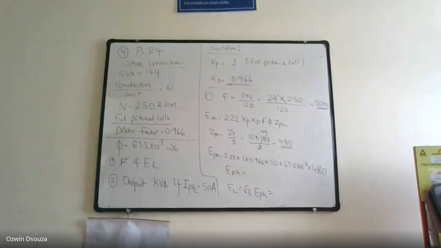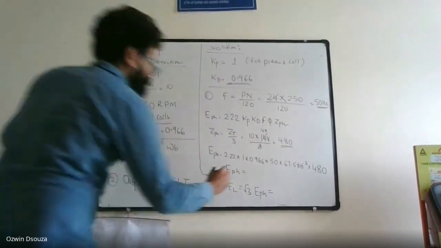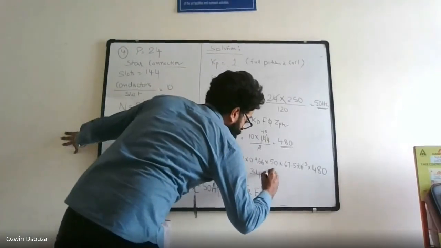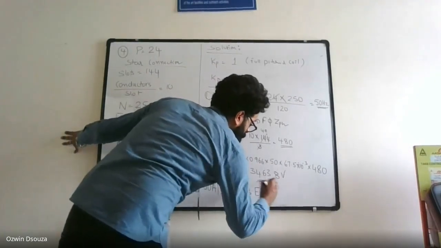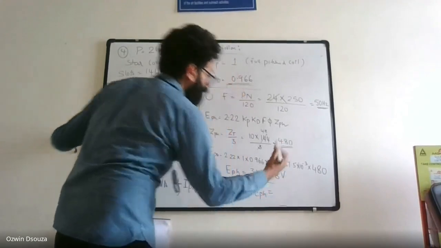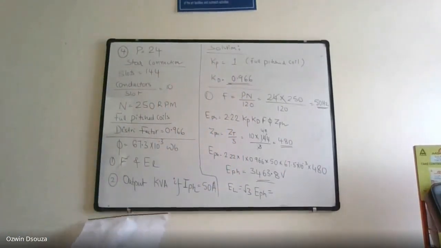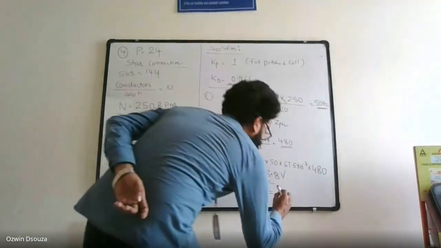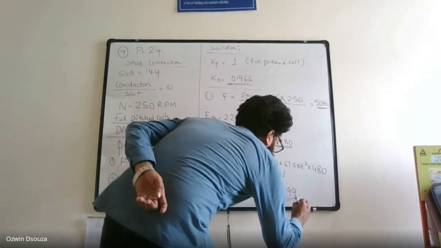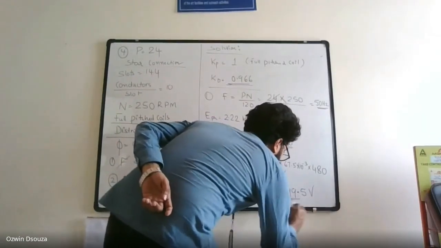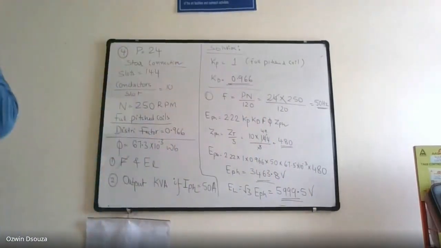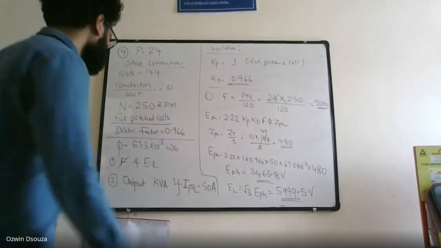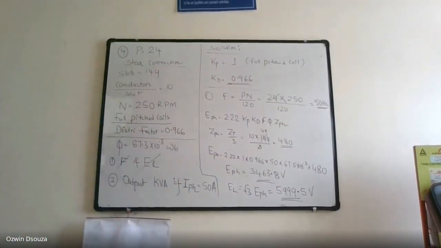So E phase is 3463.8 volts and EL is almost 6000 volts, 5999.5 volts. That's your line voltage. So the second part is also found.